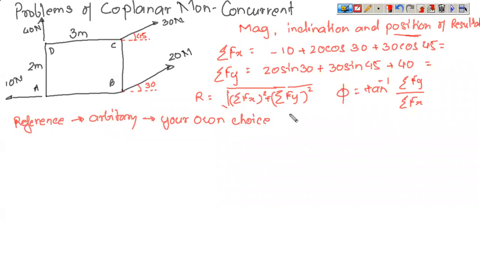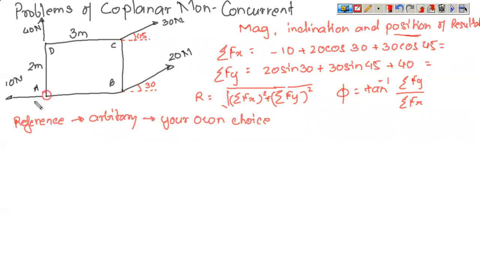Like in the derivation of Varignon's theorem, I had taken a distance y from the origin. You could have taken it from any possible location. Here also, the choice of the reference or the origin is purely yours. So for simplicity, let us take our origin as A.